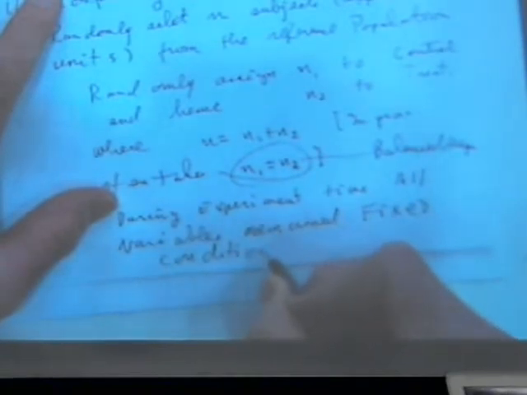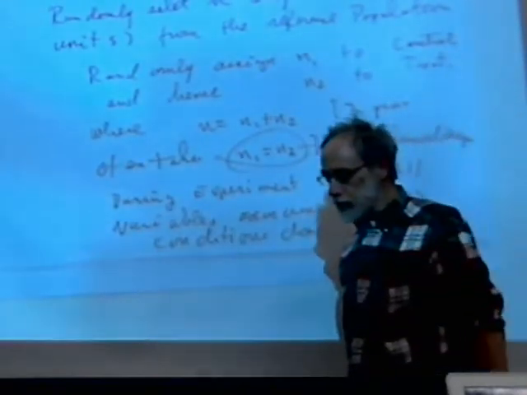Conditions don't change. Now, this is very hard to do when you're doing stuff with humans, so you try to do the best you can, and you may end up taking covariates because you know it's not going to be true, and you'll use those covariates to adjust your analysis, etc. And we'll talk about covariates later on. But that's what you try to do.